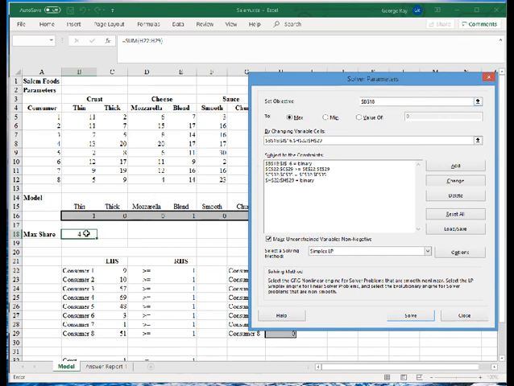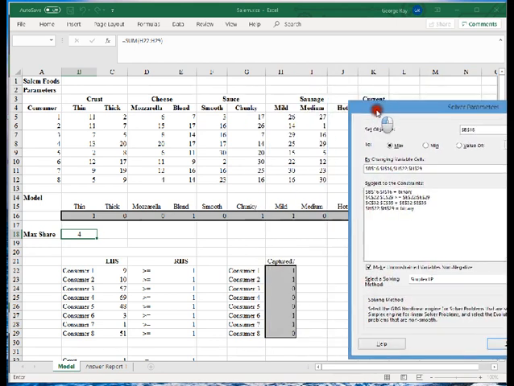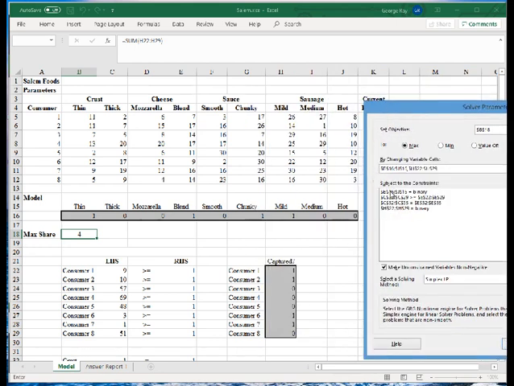In other words, how many of our customers that we are sampling, or rather potential consumers that we're sampling, would prefer our combination of features over either Antonio's or King's brand pizzas. So we're going to maximize that, and we're going to do this by changing the configurations of B16 through J16.